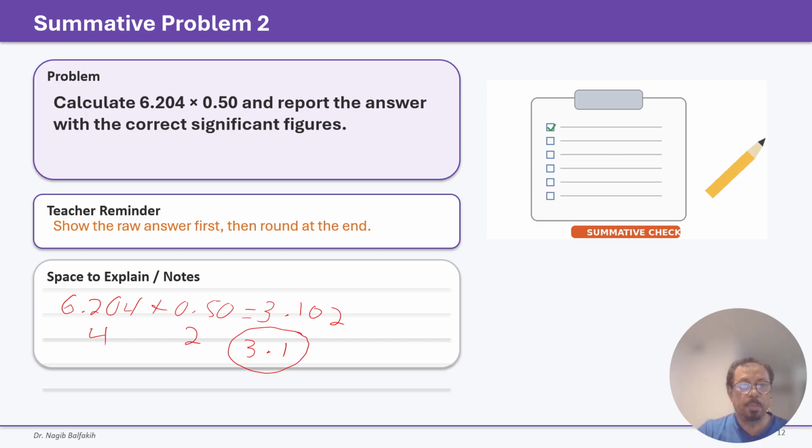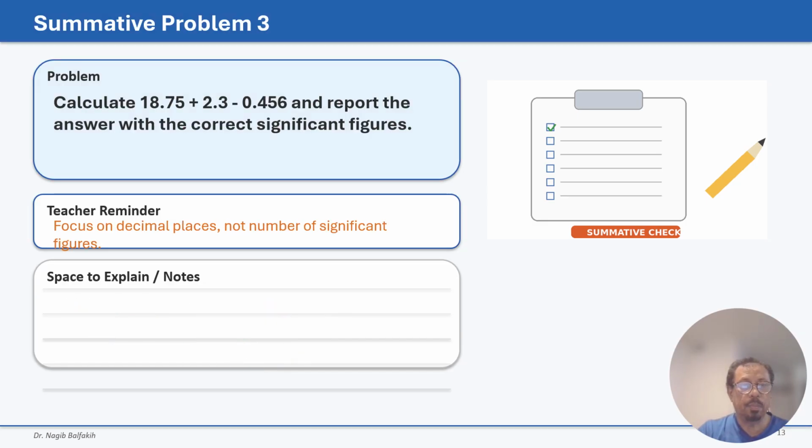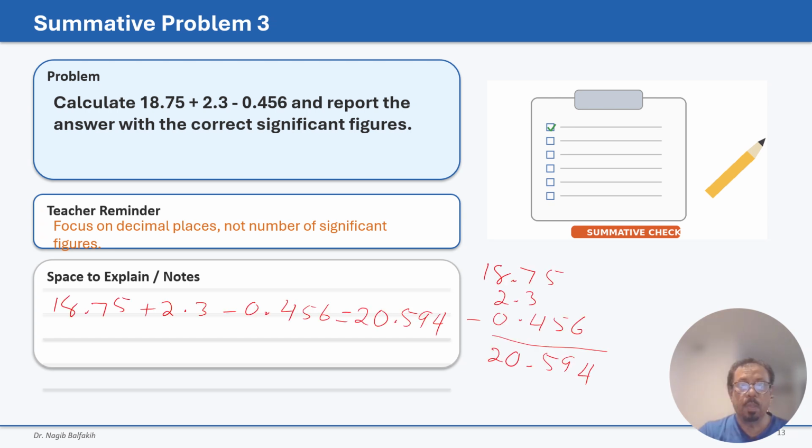Let's go to the next problem. Calculate 18.75 plus 2.3 minus 0.456. So the answer is 20.594.